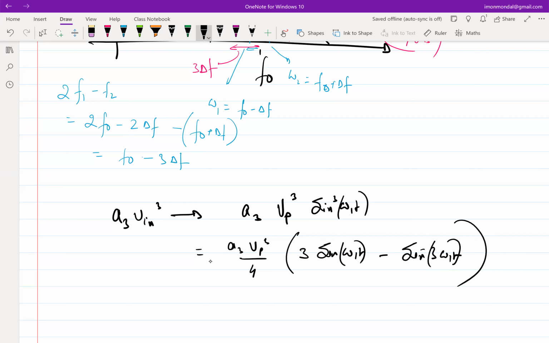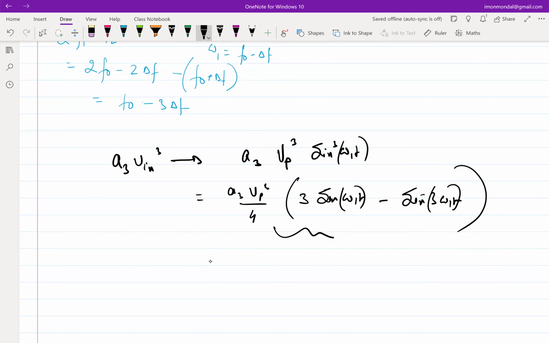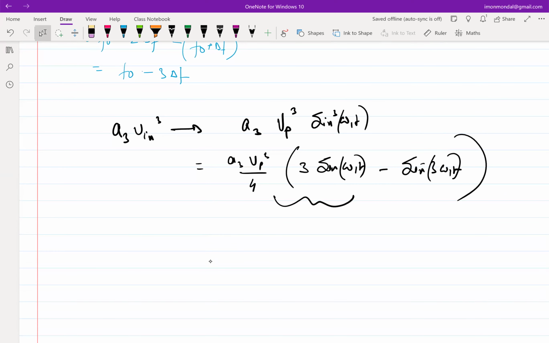Right? And this term adds up to my fundamental. My fundamental was A1 Vin, so it is A1 Vp sine omega 1t. Right?